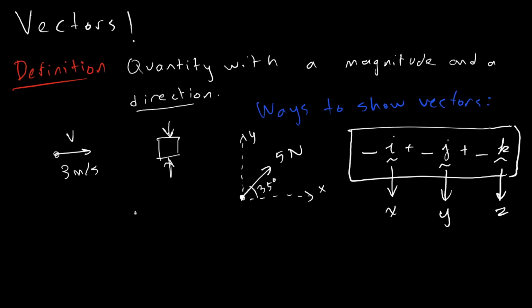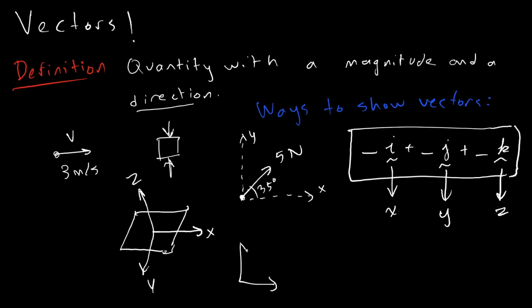So when we're talking about planes, we're talking about this. We have an x direction, a y direction, and then a z direction. The plane that I drew is not super clear, so let me just do another one.